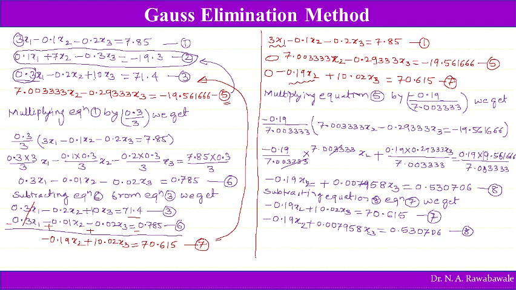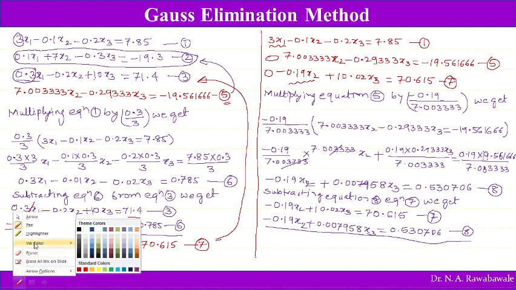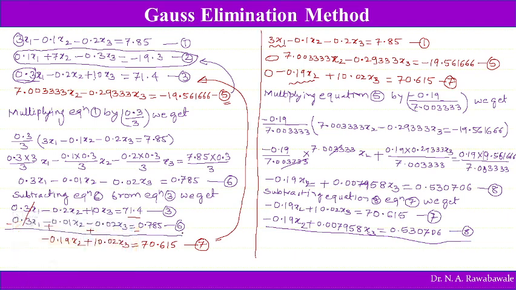Now we want to subtract equation number 8 from equation number 7. So change this sign, which is minus, this becomes plus. This is plus, this becomes minus, and this becomes minus. So plus and minus 0.19 x2 gets cancelled.